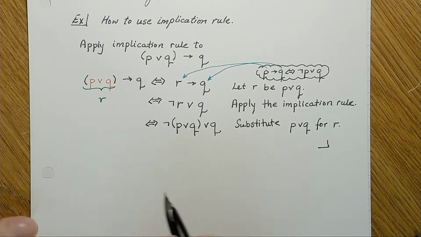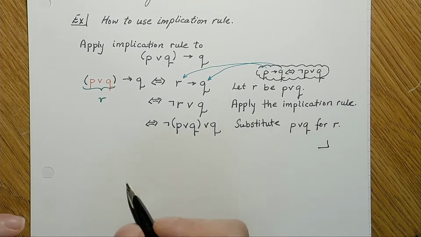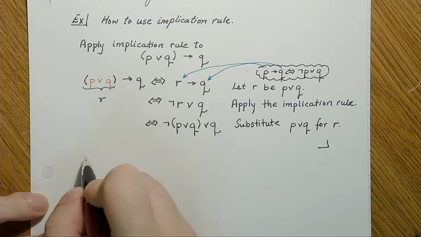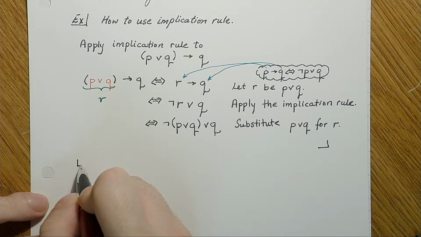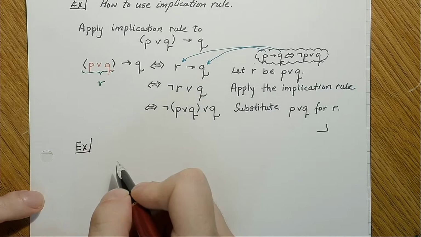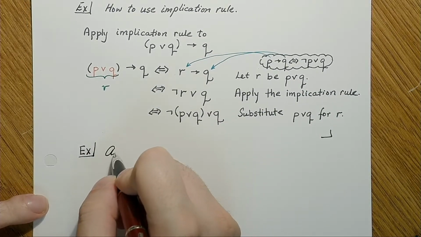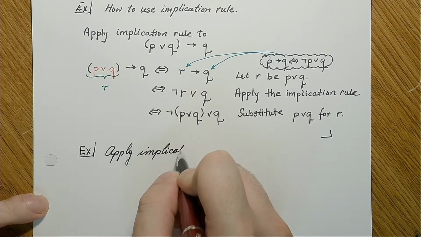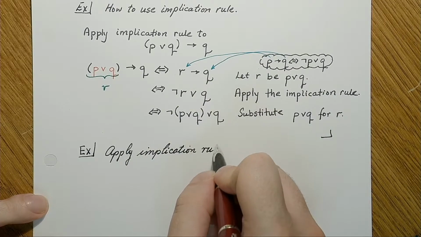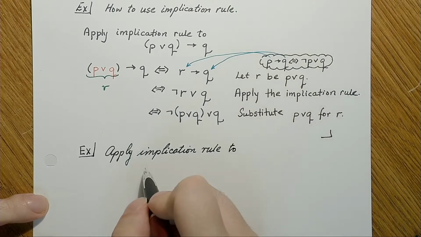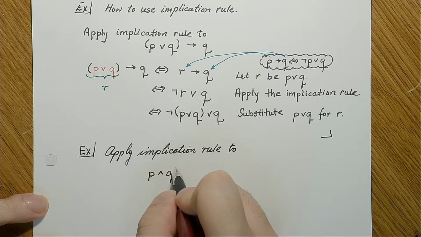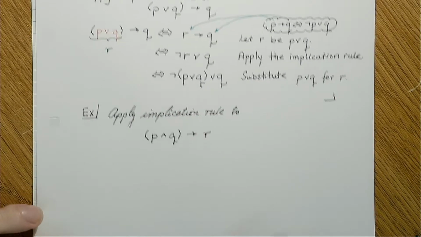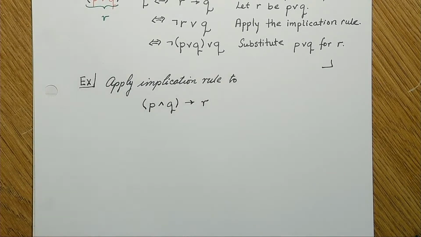So is everyone okay with that one? So if we apply the implication rule to a different one, which is P and Q implies R, the same idea.